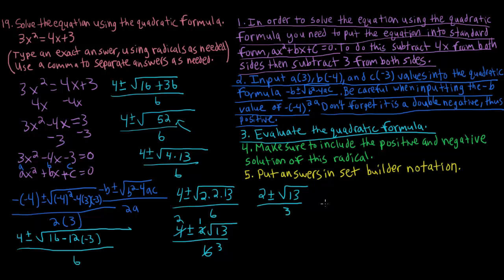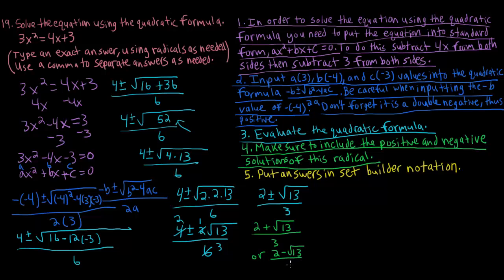And then for step 4, we want to make sure to include the positive and negative solutions of this radical. So we have 2 plus the square root of 13 over 3, or 2 minus the square root of 13 over 3.